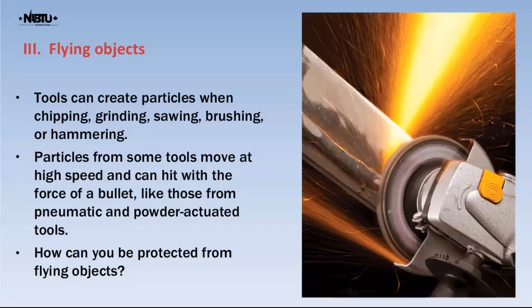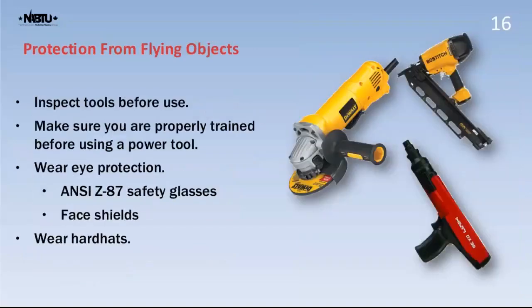So how can you be protected from flying objects? Well, the first thing you want to do is inspect the tools before use to make sure that they have all the proper guards on. Anytime you're using one of these tools, this is a grinder and this is a nail gun. Let me get my pointer here. That's the nail gun, that's the grinder, and that's the powder-actuated tool. You want to make sure you get properly trained to use these things.